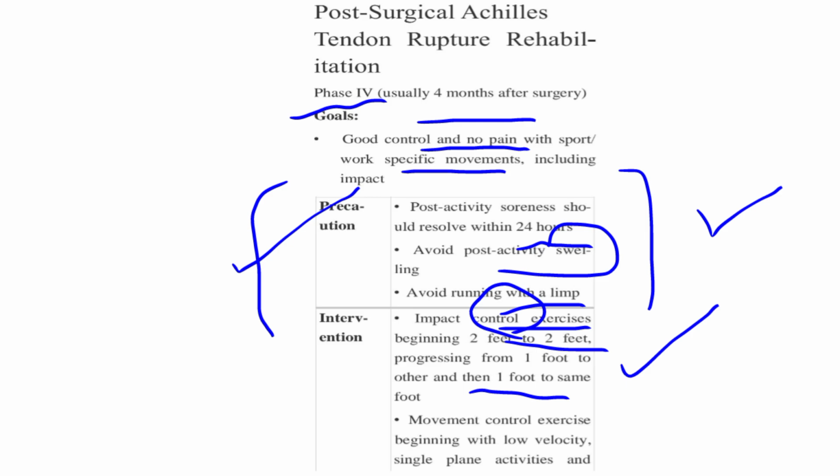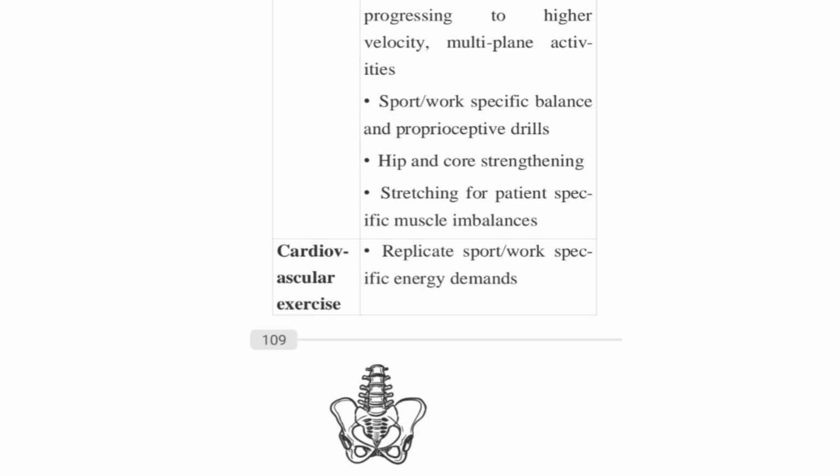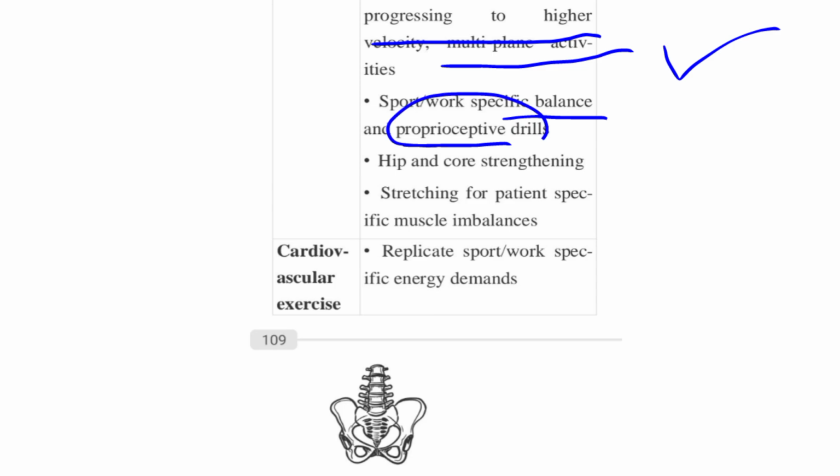Movement control exercises begin with low velocity single plane activities and progress to high velocity multi-plane activities depending upon the patient's condition. Sport specific balance and proprioceptive drills for joint positioning, which is for proprioception.